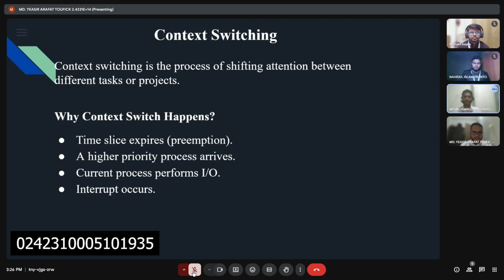Efficient context switching improves system performance. So context switching plays a key role in process management and is the responsibility of the operating system to execute processes effectively and get high performance.